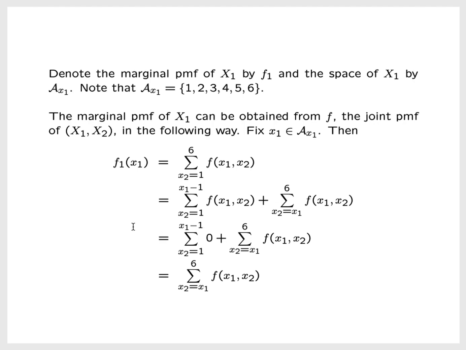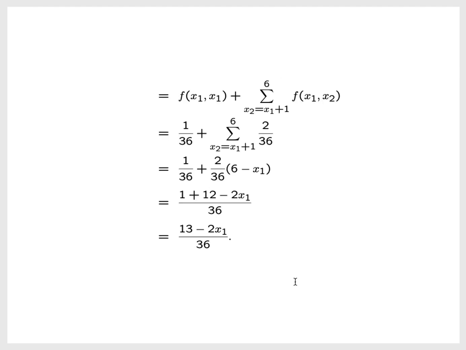Now, the reason that this is helpful is because in this first summation, the values of X2 are strictly less than X1. And for such points, the joint PMF evaluates to 0. And so we're left with the sum of the joint PMF, X2 going from X1, whatever that is, up to 6. Okay? And so that is what we need to evaluate.